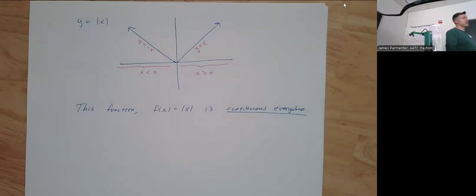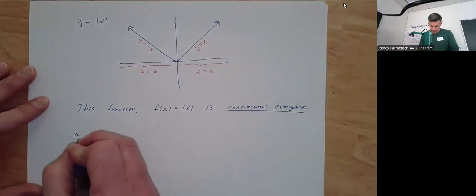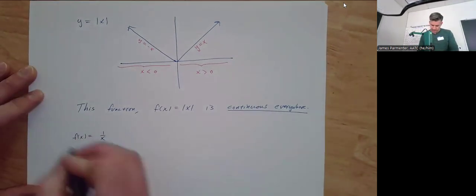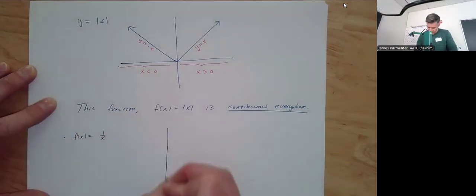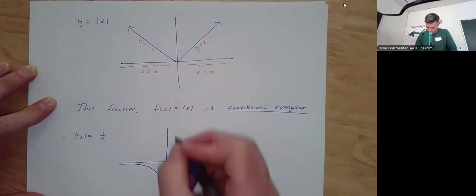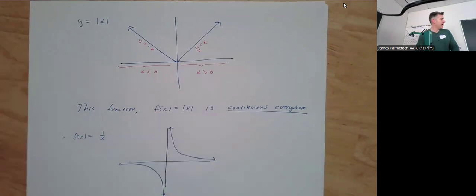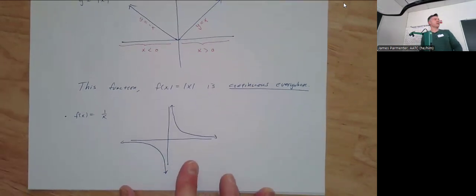On the other hand, I will point out, let's look at f of x equal to 1 over x, which is your classic hyperbola. It's got this shape. It's got a vertical asymptote at 0. It's also got a horizontal asymptote at 0. And the language I would use here is that this function is discontinuous.